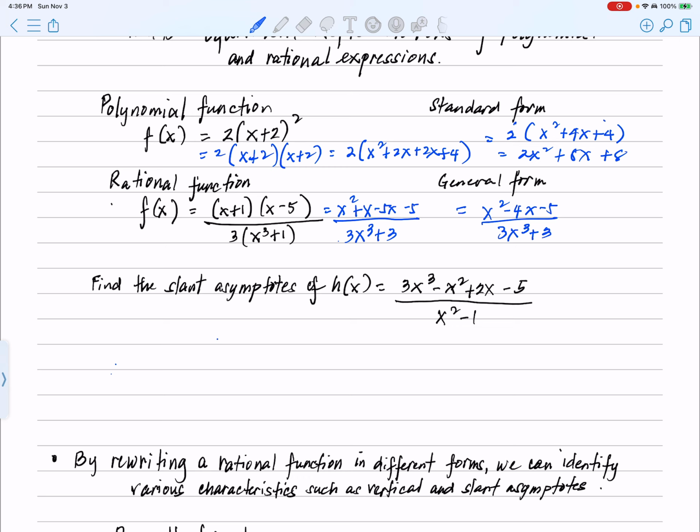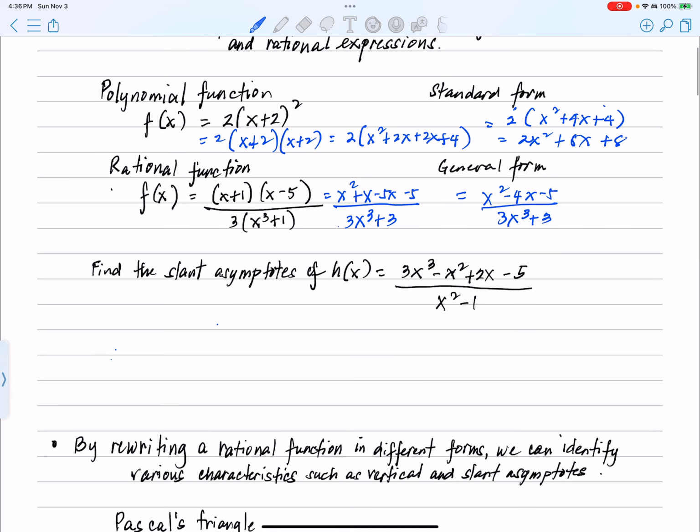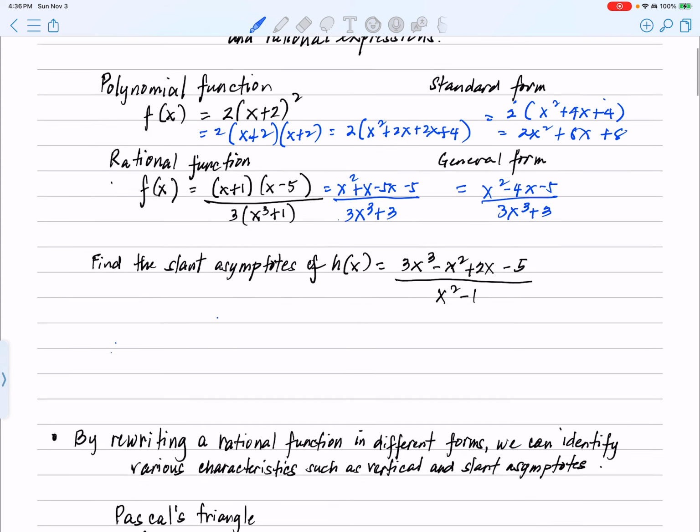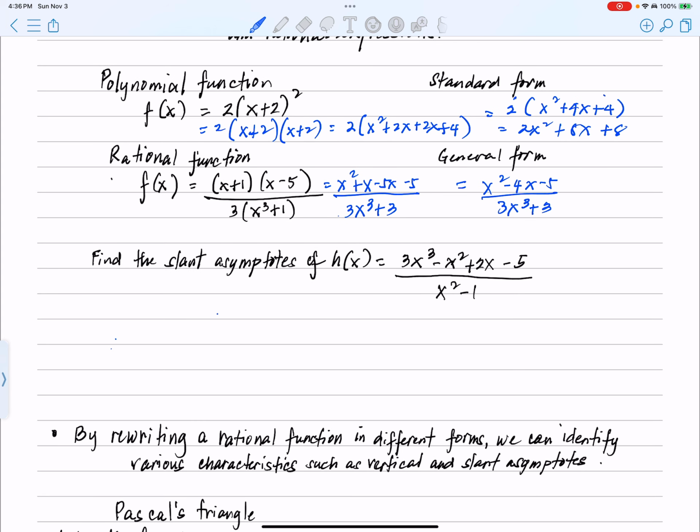While polynomial long division can be used to rewrite a rational function like this, given, and you are asked to find the slant asymptote of 3x cubed minus x squared plus 2x minus 5 divided by x squared minus 5, by doing this we can identify the slant asymptote.